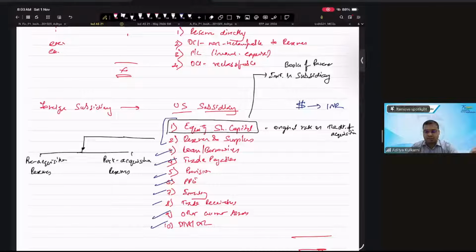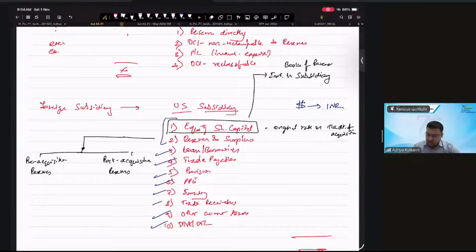Yes or no? Another synonym, a similar term for net assets, can I say it is net worth?